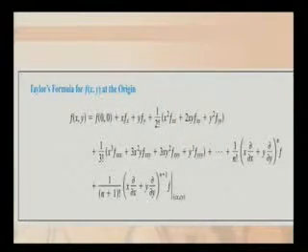Note that here all the values of f or the partial derivative of f with respect to x or with respect to y are at the point (0, 0). So f(x, y) is equal to f(0, 0) plus x f_x plus y f_y at the point (0, 0), plus 1 upon 2 factorial (x square f_xx plus 2xy f_xy plus y square f_yy) at the point (0, 0).